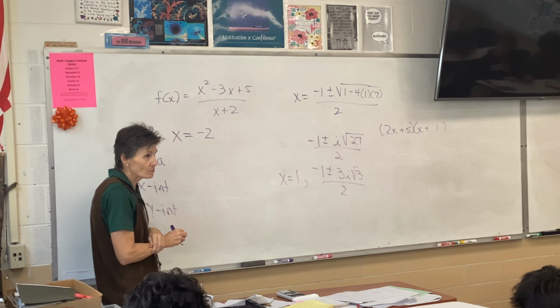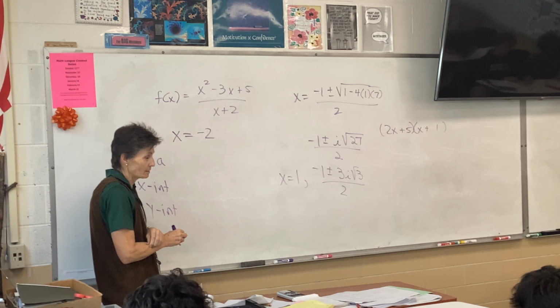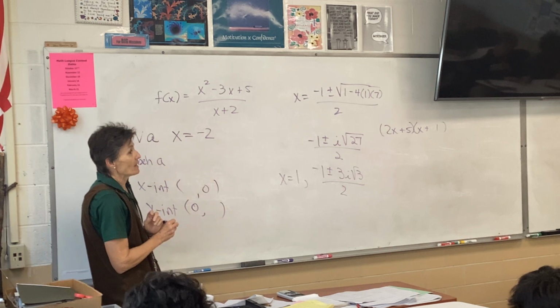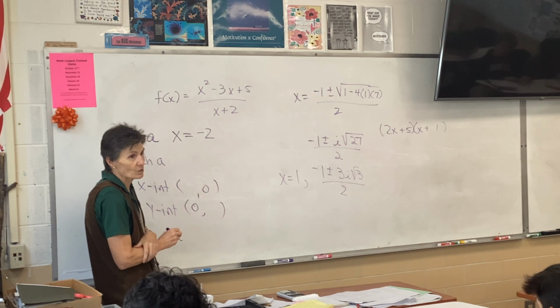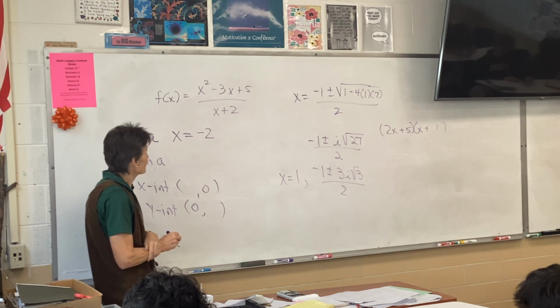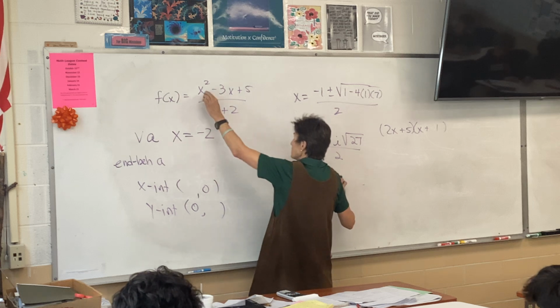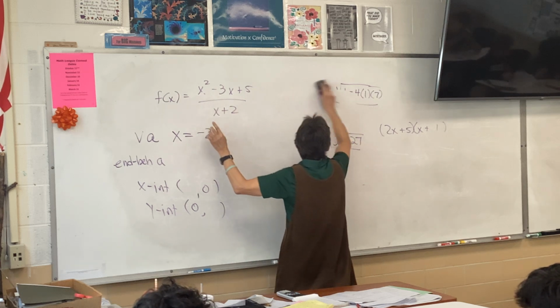Remember, asymptotes are equations. These guys are going to be points. But the asymptotes are equations. So to find our slant asymptote, does everybody recognize slant?